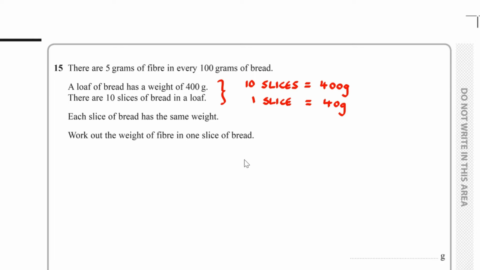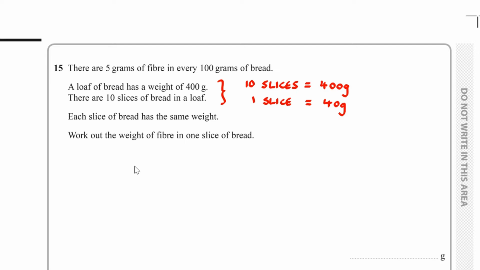So, what do we know? We know that there are 5 grams of fibre in every 100 grams of bread. So what we need to do is find out how much fibre we have in one slice. And in one slice we've got 40 grams.